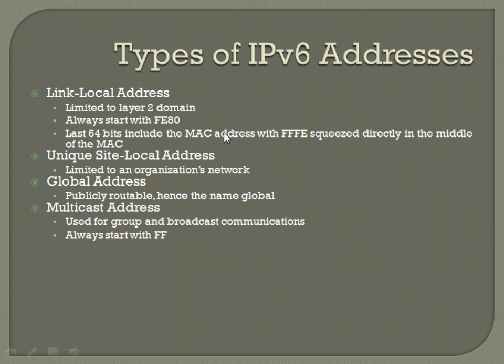You've got your unique site local address, which is limited to an organization's network. That would be the equivalent of, instead of having NAT, but I guess kind of like having NAT, you have your 10 dot address, and that would correspond to a public address. Yeah, exactly. And then you'd have a global address, which would be publicly routable. It's named global. And then the multicast address for broadcast group communications, and that's always going to start with FF.